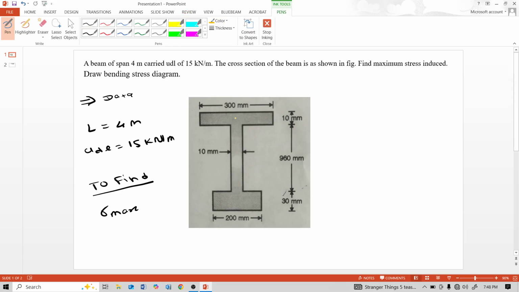Consider this top flange as 1, web 2 and bottom flange 3. A1, that means area of top flange is 300 multiplied by 10.